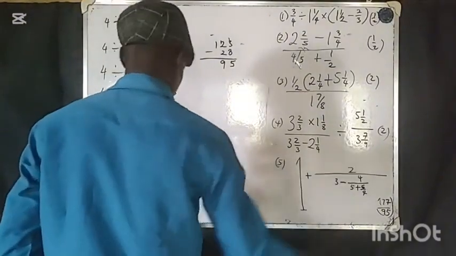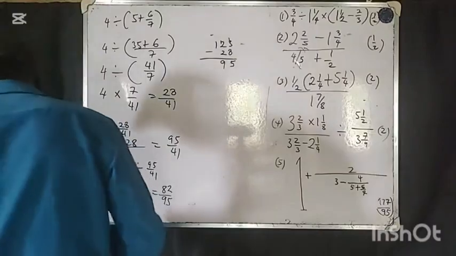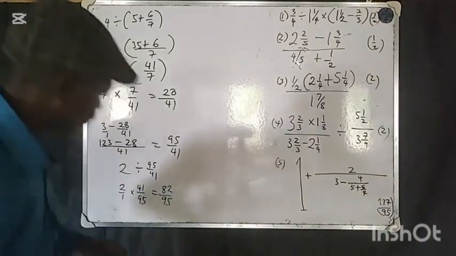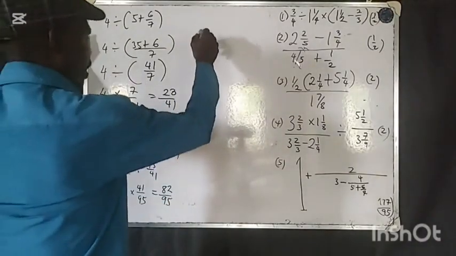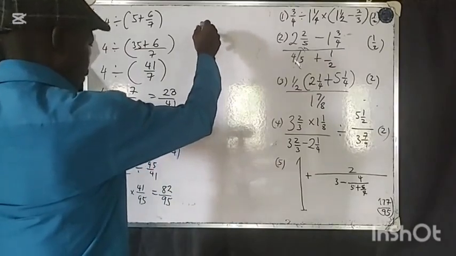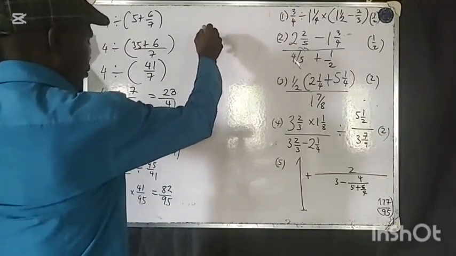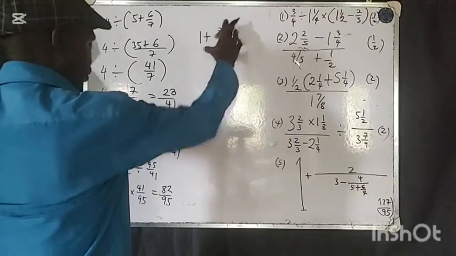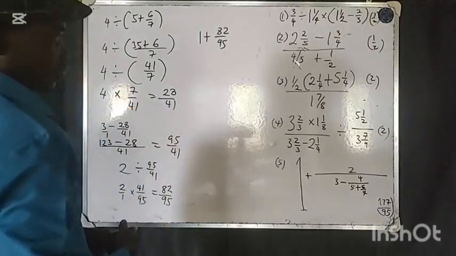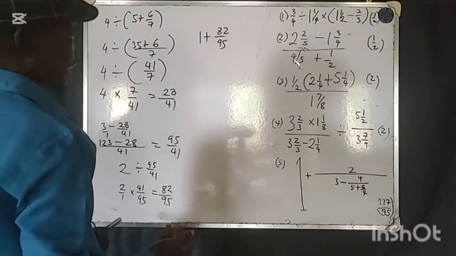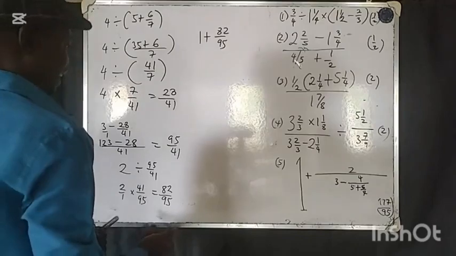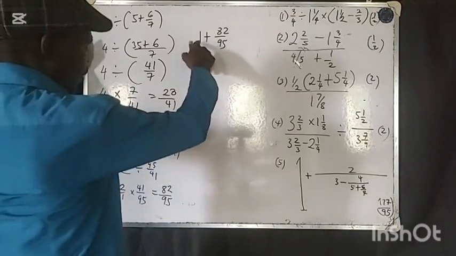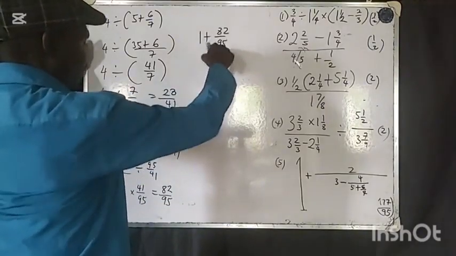Plus 1 plus 82 over 95. Actually, there's no point to work it, but let's just work it and see, because at this point, 1 plus this is the same as this. It will give us 1 whole number, 82 over 95.